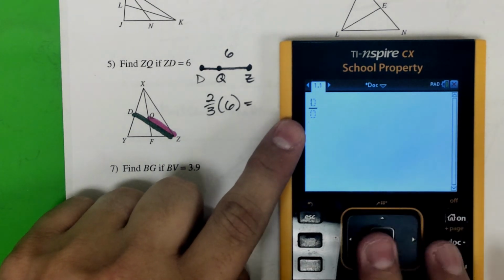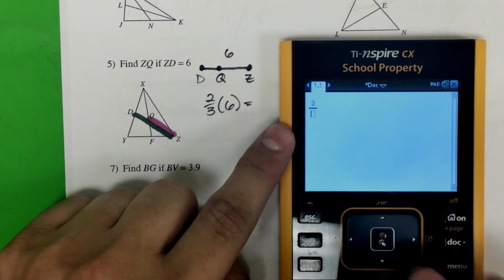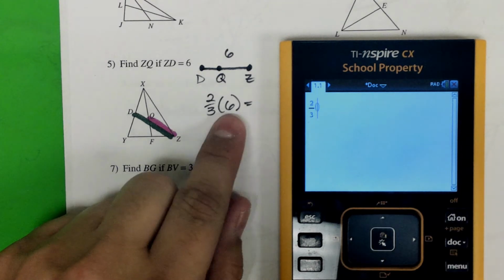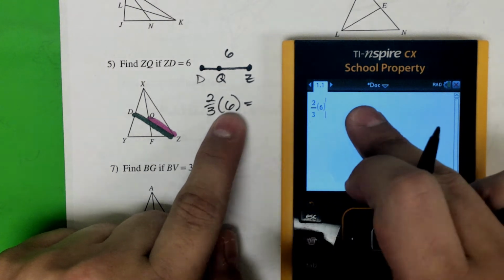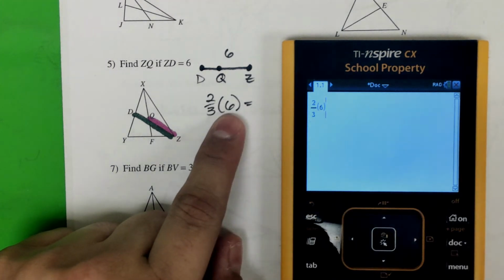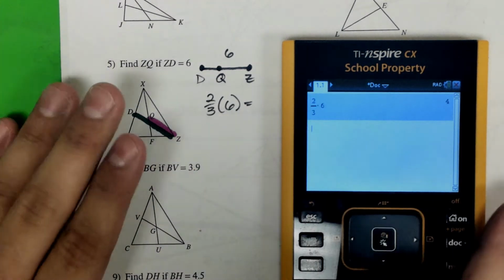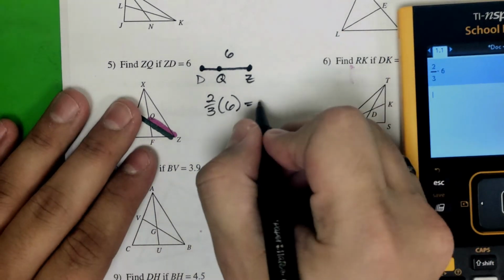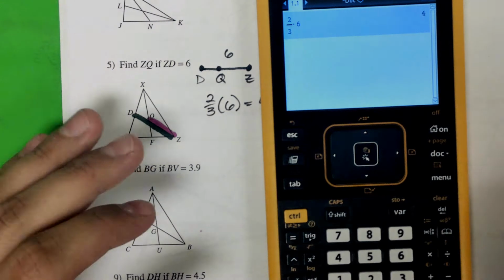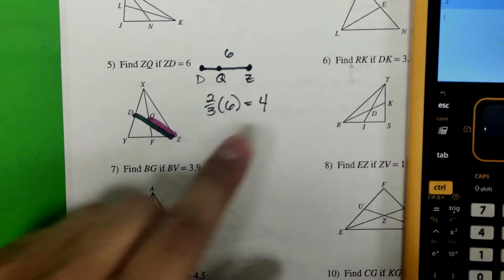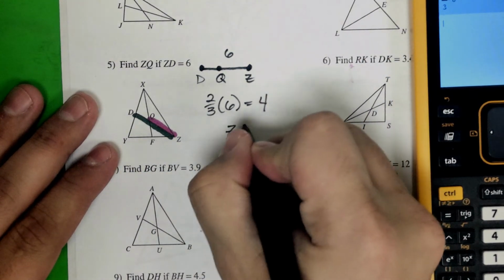So I'm going to just type 2/3, and then parentheses, and then 6, because that's what I wrote down here. I'm going to type it directly into the calculator, and it's going to give me a whole number, which is 4. So the answer for this one, ZQ, is 4.